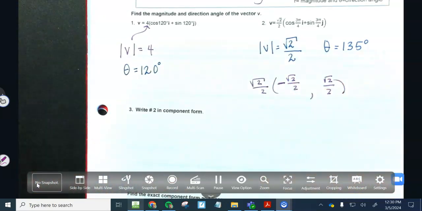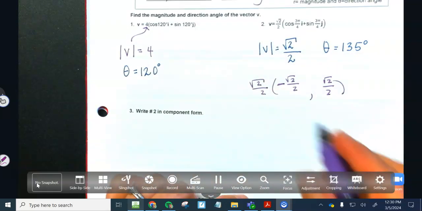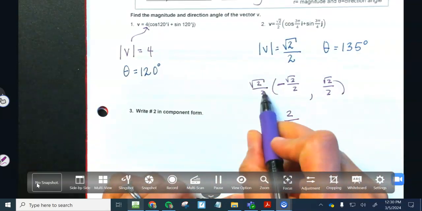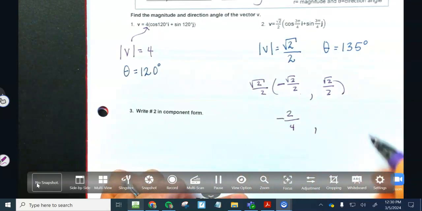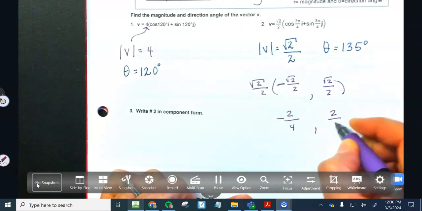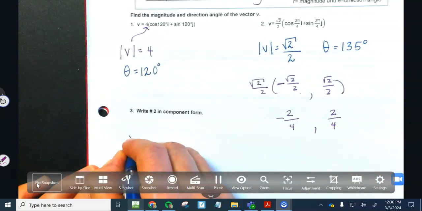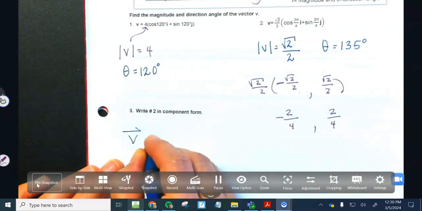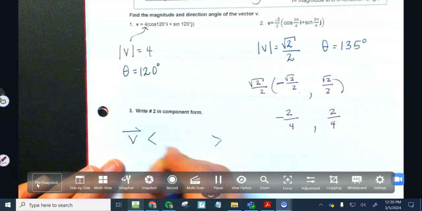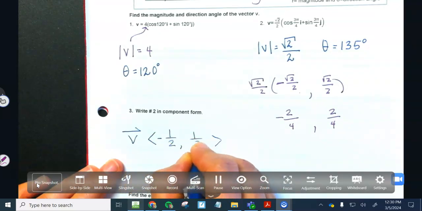Yeah, the x is negative. And we literally just distribute. So root 2 times root 2 is 2. 2 times 2 is 4. That's going to be the same thing but positive. So vector v in component form, which is the most common form, is going to be negative 1/2 and positive 1/2.